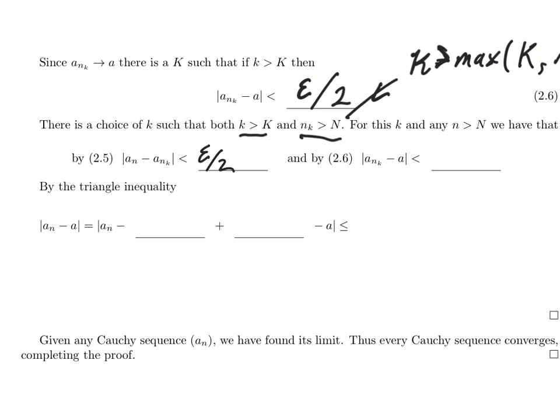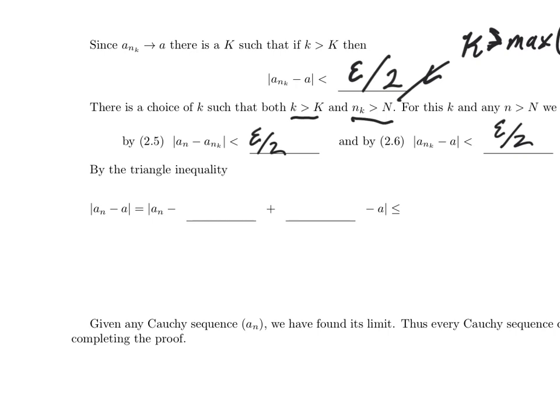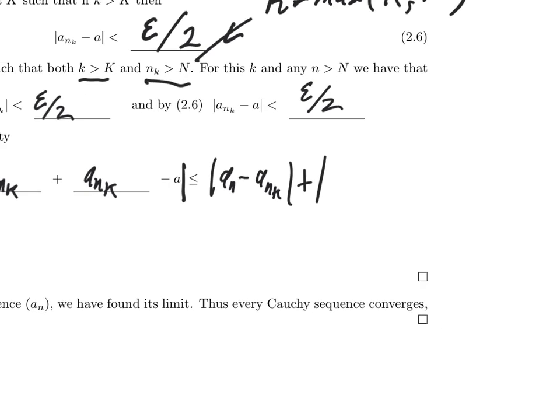This is because the sequence is Cauchy. And a sub n sub k minus A is less than epsilon over 2 because the subsequence converges to A. By the triangle inequality, the absolute value of a sub n minus A is equal to the absolute value of a sub n minus a sub n sub k plus a sub n sub k minus A. That's less than or equal to the absolute value of a sub n minus a sub n sub k plus the absolute value of a sub n sub k minus A, which is less than epsilon over 2 plus epsilon over 2, which is epsilon.